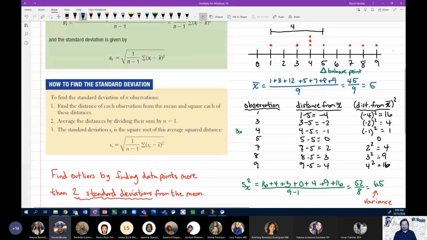That would essentially make the cutoff at 10. We don't have anything past 10. Subtracting 5 would make the other cutoff over here at 0. So anything greater than 10 or less than 0 would be considered an outlier. We don't have those in this data set, so we can say that there appear to be no outliers in this data set for the number of pets owned by these 9 children.